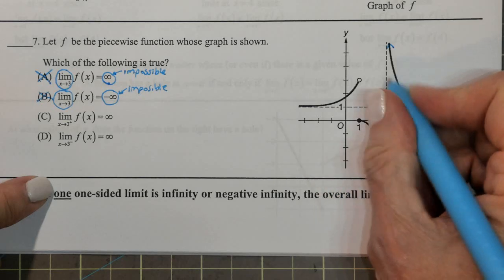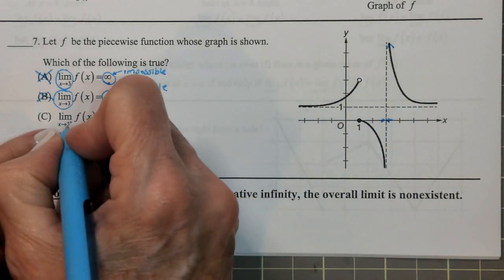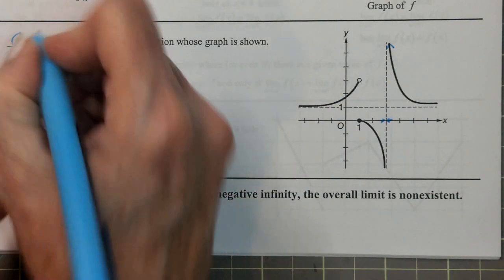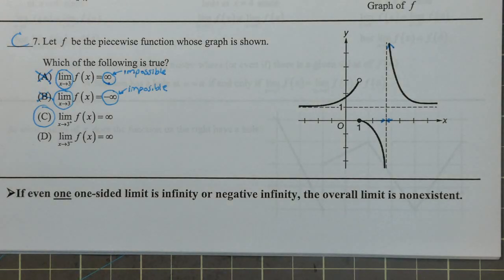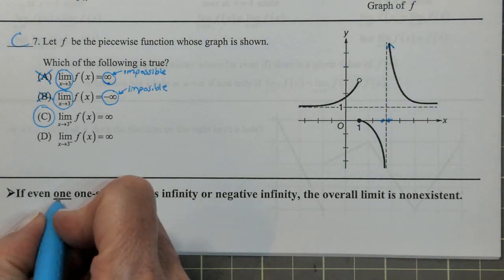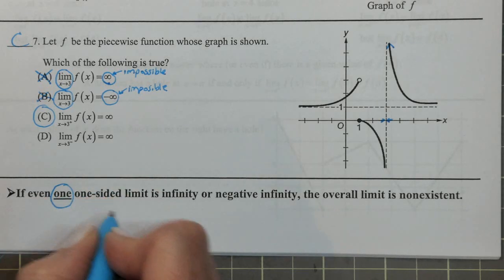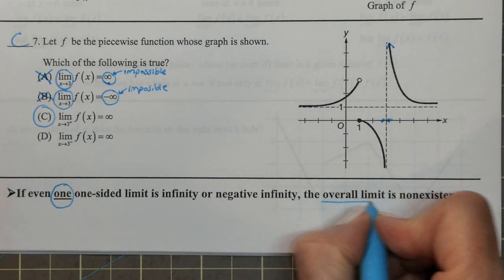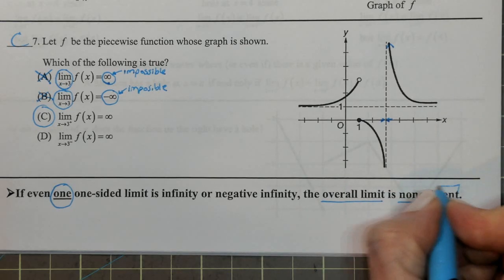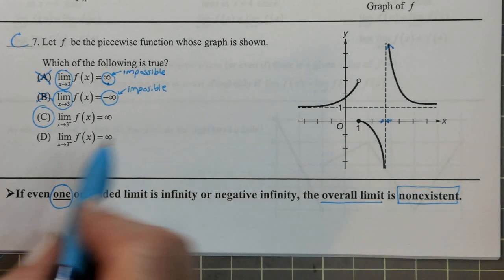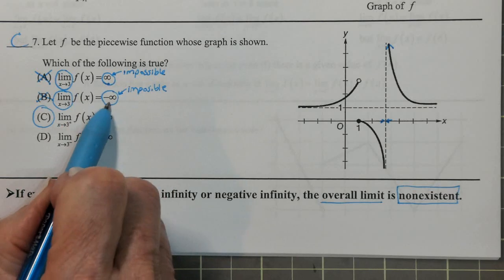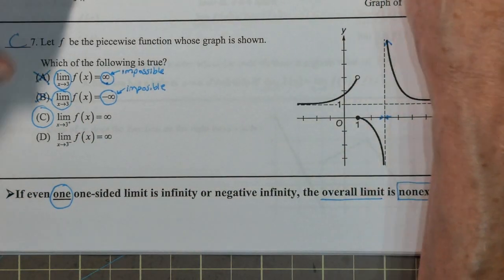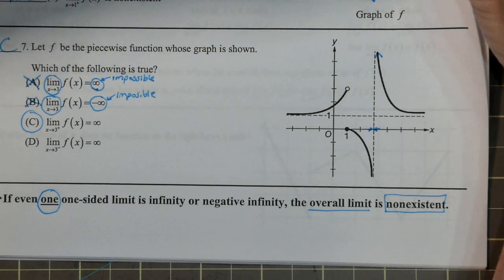It is the 3 from the right. Even if one-sided limit is infinity or negative infinity, the overall limit is non-existent. You never say that the overall limit is infinity, okay? Because even if one side is infinity, the overall limit does not exist.